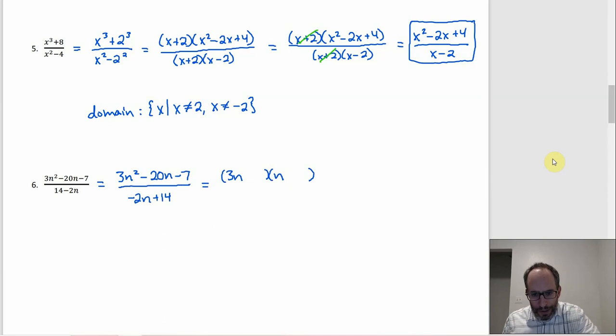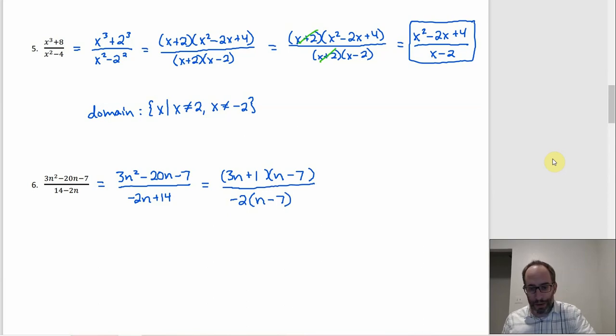And then, let's see, it's a minus 7 and a plus 1 to get the minus 20. And then on the bottom, remember that when you have a leading coefficient that's negative, you've got to factor the negative out. So negative 2 gets factored out, and then that'll be multiplied by n minus 7, since negative 2 times negative 7 will give you the positive 14.